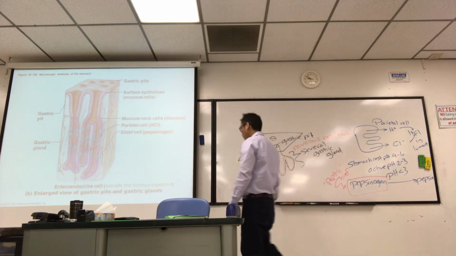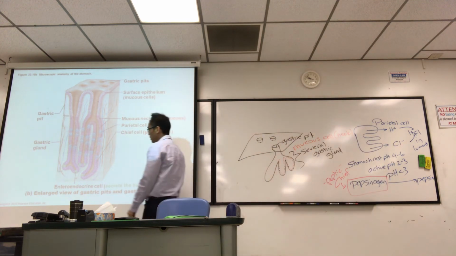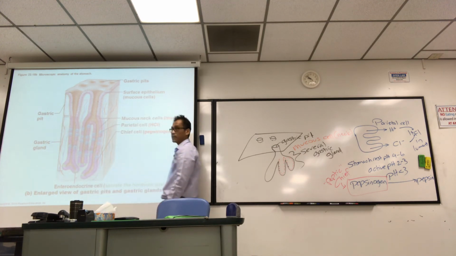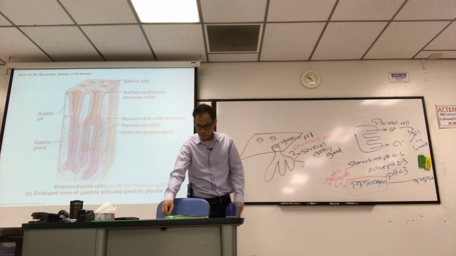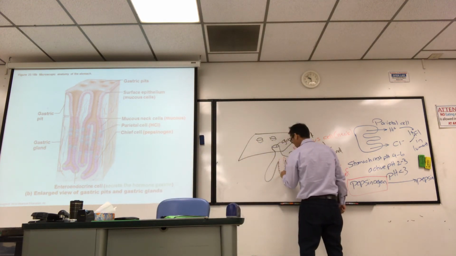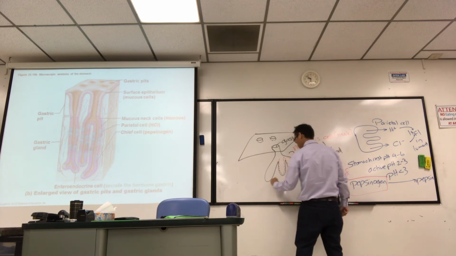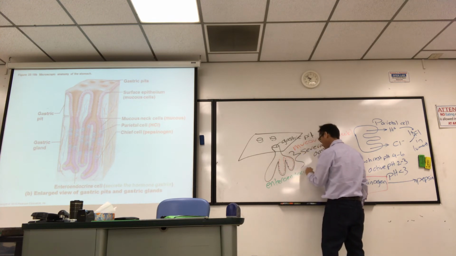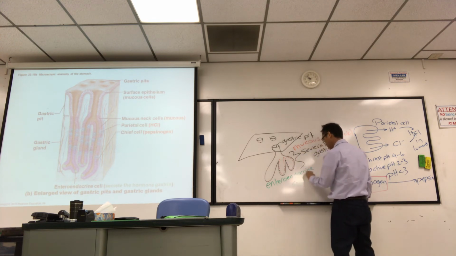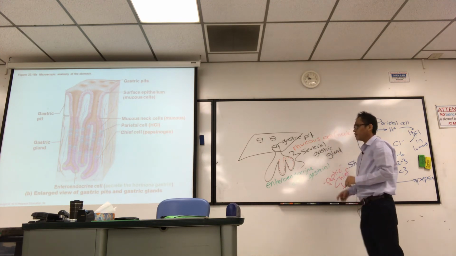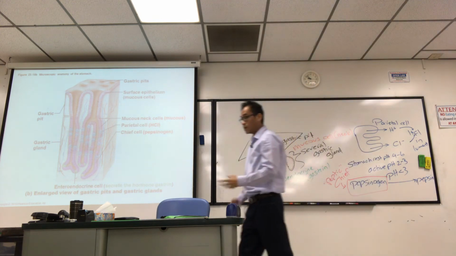And deep inside the gland, in the pyloric region, these green cells are those G cells or enteroendocrine cells that secrete the gastrin. Deep inside, you got a few of them. So all those cell activities and their secretions, know them.